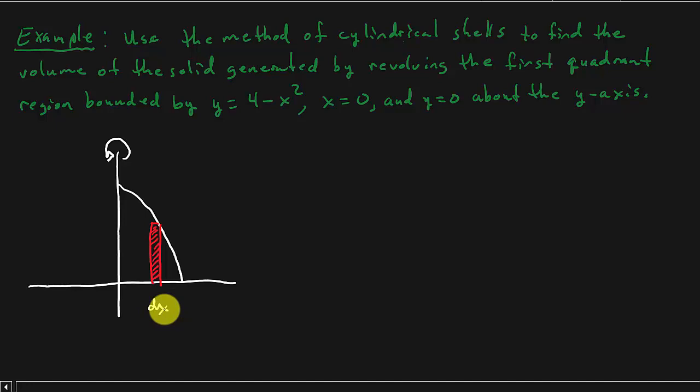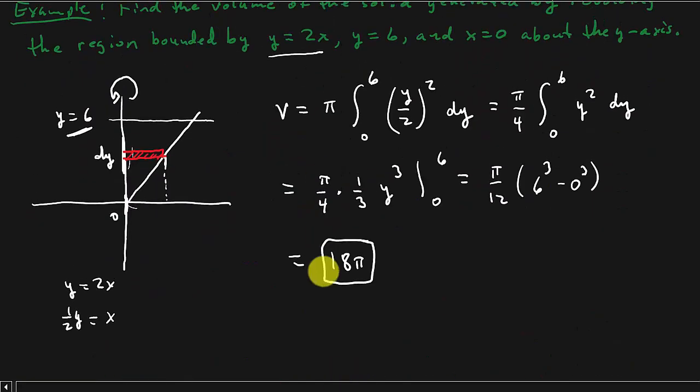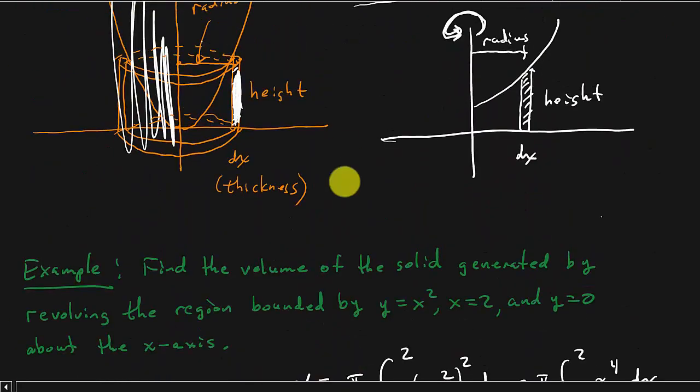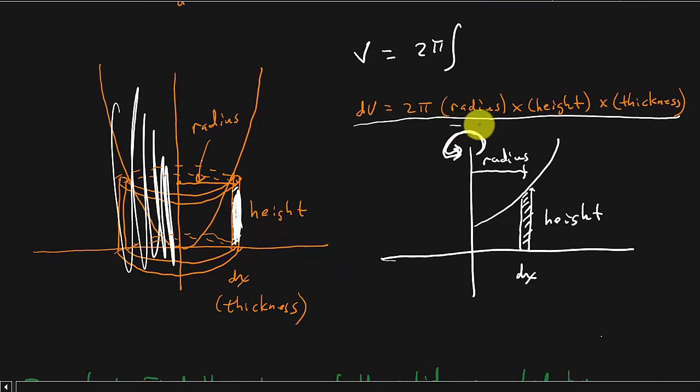So that means the function that I'm going to be integrating has to be in terms of x. So let's look at this. There's the radius, right? And then I also need the height. Remember, when you're using the shell method, you need the radius, the height, and the thickness.